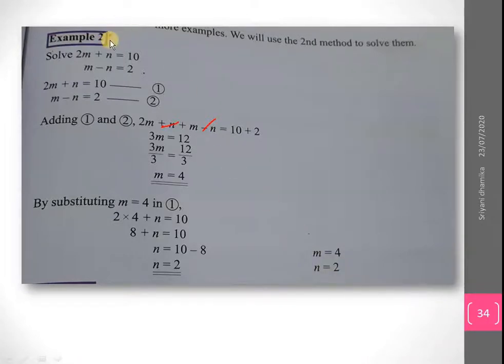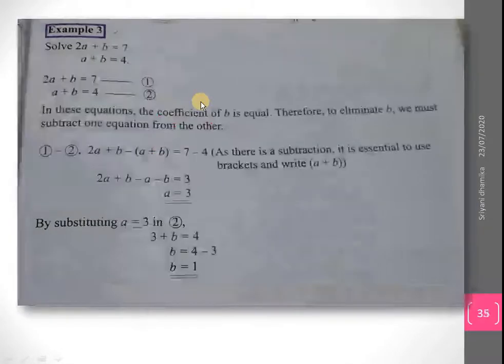Now this is the way of removing one unknown, elimination of one unknown in simultaneous equations. Now see the next example. 2a plus b equals 7, a plus b equals 4. Now the first step is to label these as 1 and 2. Here there is a special characteristic in these equations, the coefficient of b is equal.